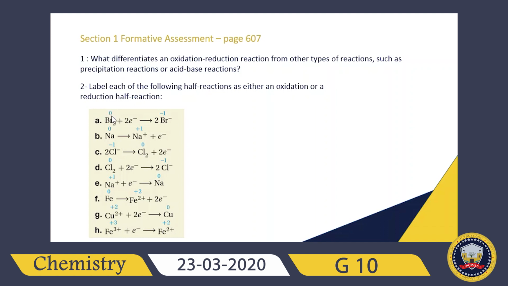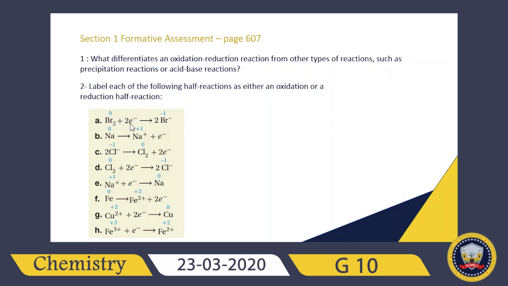Now, as we said, for oxidation reaction there will be an increase in the oxidation number, and the atom or an ion of certain element will lose the valence electron. So as we can see here, this atom experience a decrease in oxidation number, and at the same time this atom gained 2 electrons.